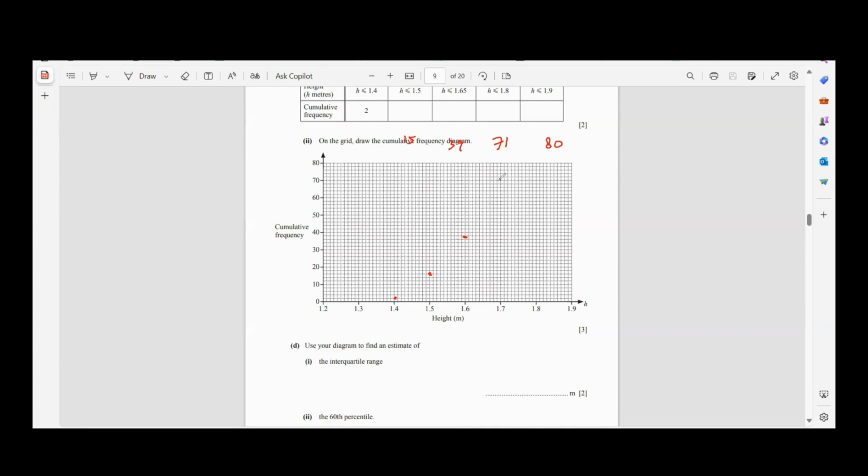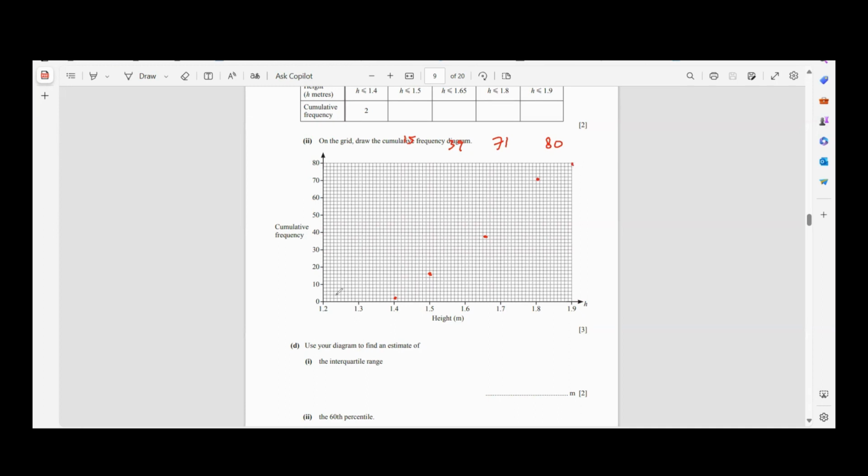Then 71 at 1.8 is around here. And 1.9 is 80.